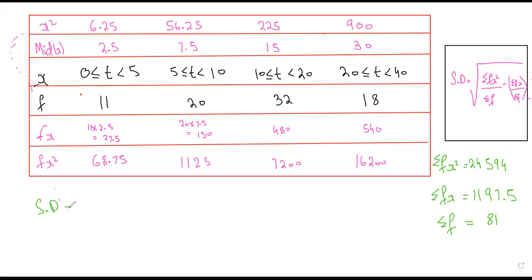So standard deviation is going to be under the root, all right, summation fx squared was 24594 divided by 81 minus 1198 divided by 81 squared. Just simplify this and tell me the value for standard deviation.